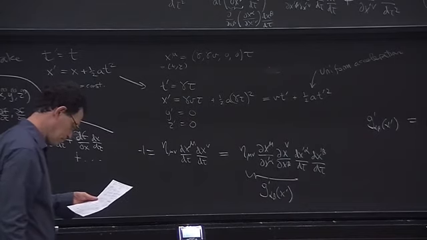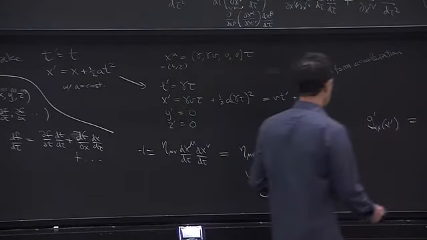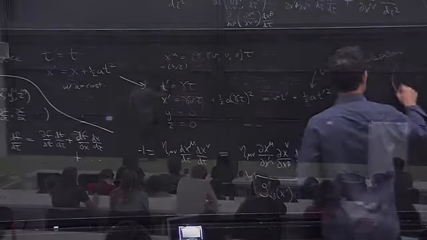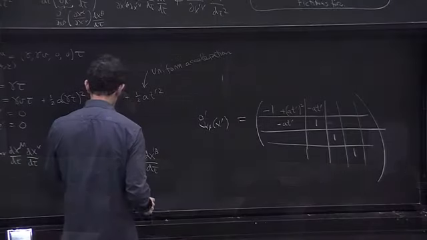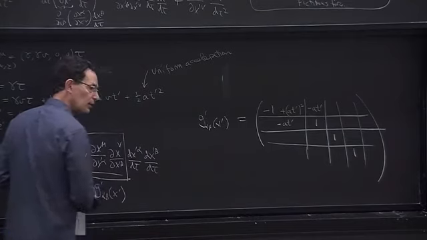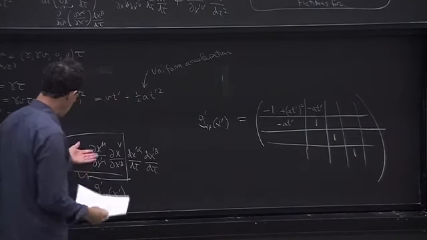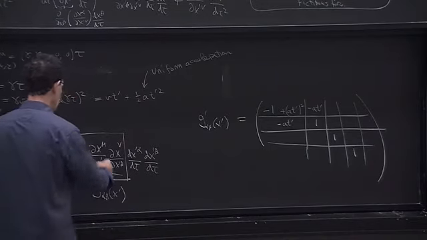Sorry, how did you get this metric? I just calculated it. Okay, so I can do that. What I have to do is work out x as a function of x prime. That's what the matrix is defined at. So I've got to contract all these indices. Let me calculate it for you.